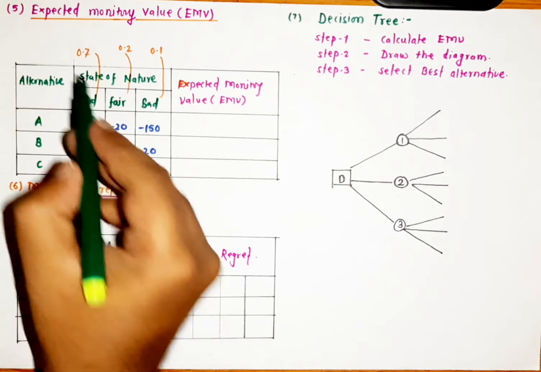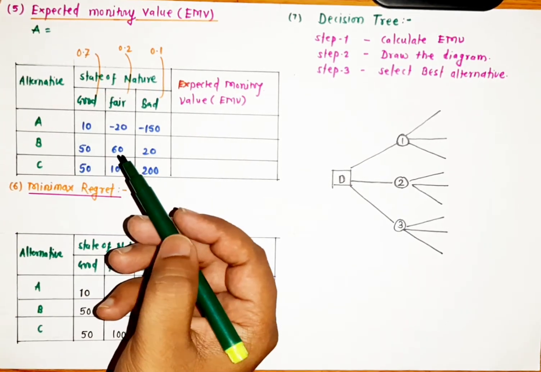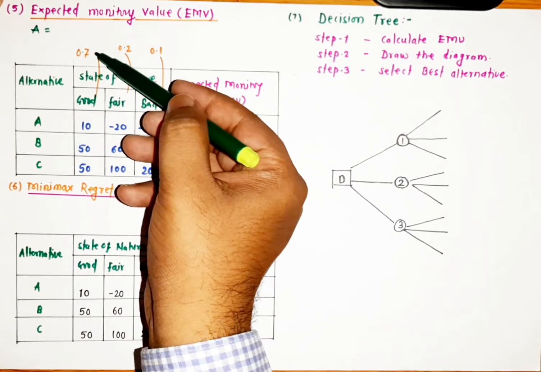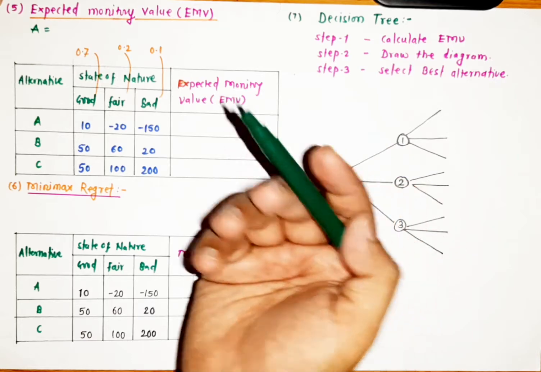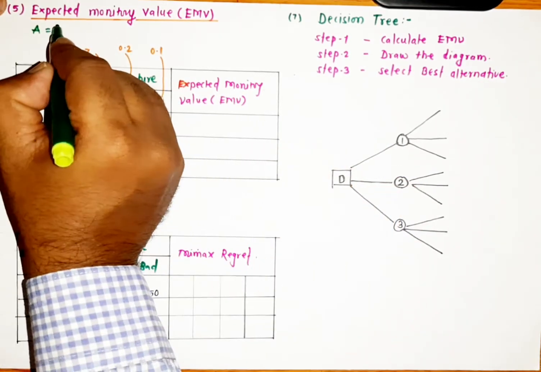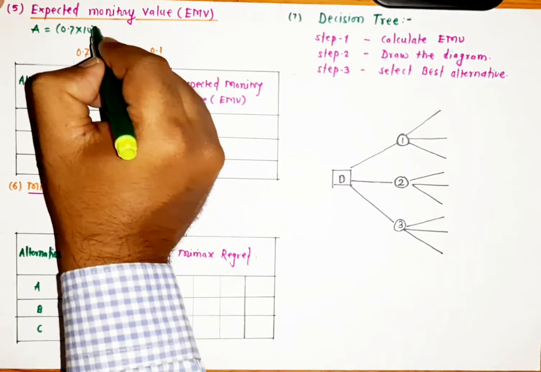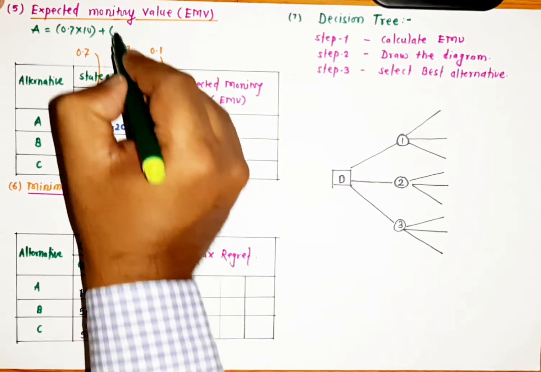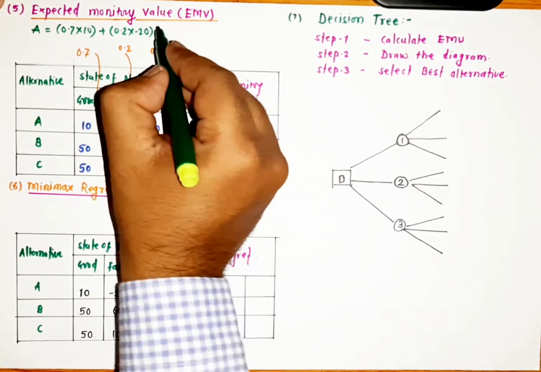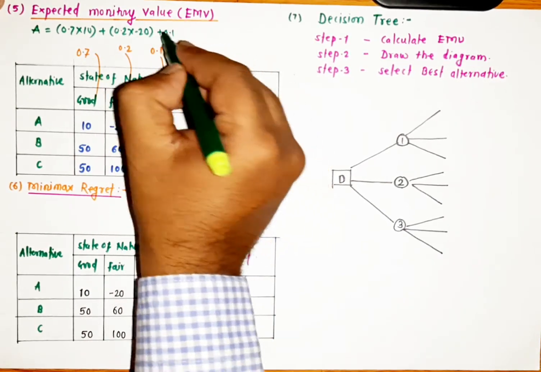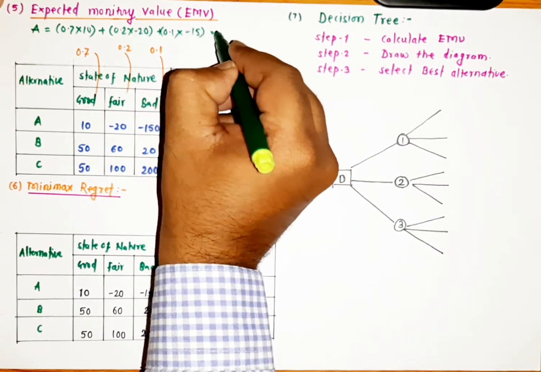For the A alternative EMV, whenever we want to calculate EMV, just multiply each value of the alternative with its probability and sum those. That is 0.7 into 10 plus 0.2 into minus 20 plus 0.1 into minus 150.